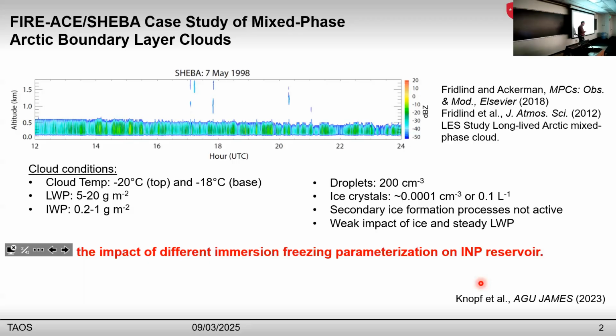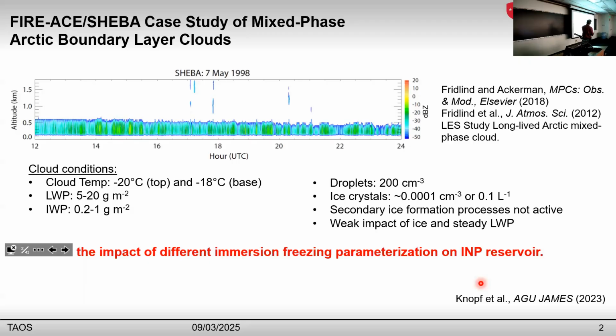And for over 14 hours, it continuously produces ice crystals in very low concentrations. Mostly cloud droplets. There's no secondary ice formation. There's no Bergeron-Wegener-Findeisen process to consider. And you cannot explain the simplest cloud. So if you don't get the ice crystals right here, I don't need to look at any other clouds, which are much more complicated. And that's the motivation.